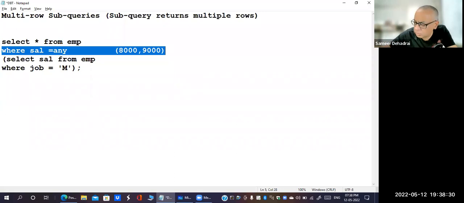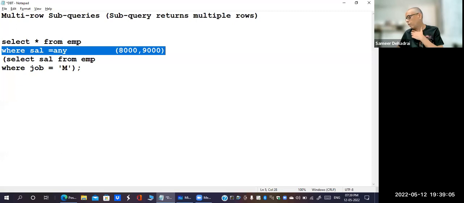Please write this. This will work in MySQL. Earlier I had told you all that the any operator will not work in MySQL unless it is part of a subquery. Well, now that we are doing subqueries, I can use the any operator here.